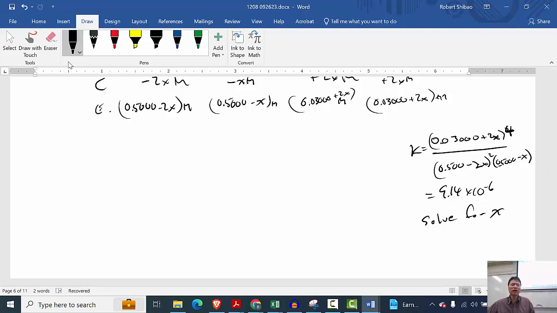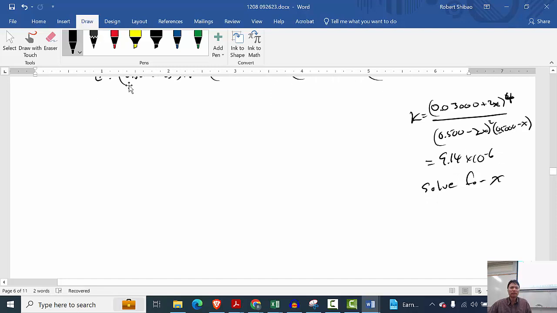Why don't you try to solve this one for x, and I'll give you a few minutes here.